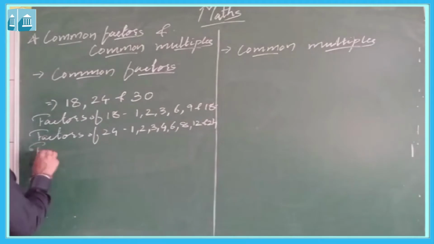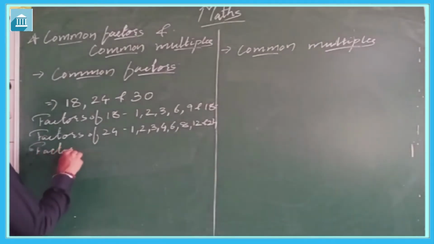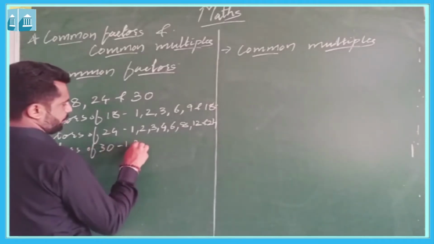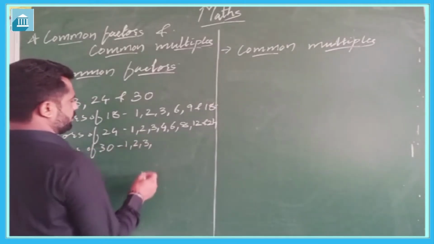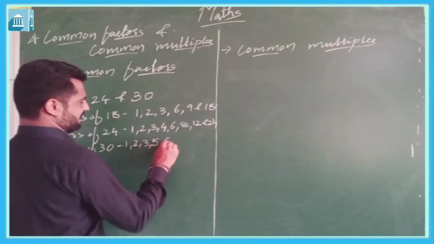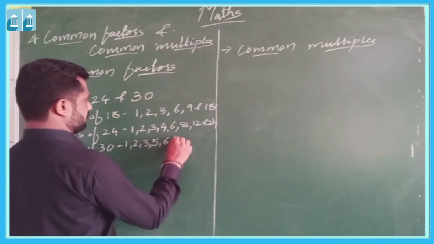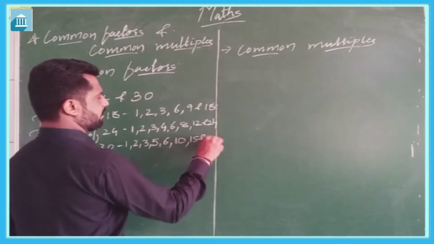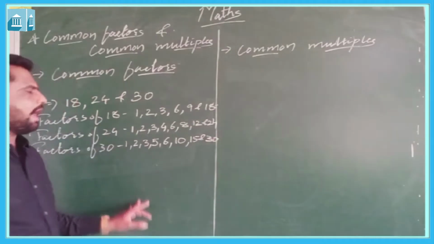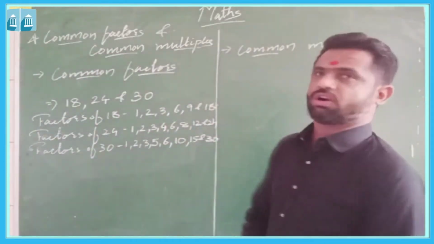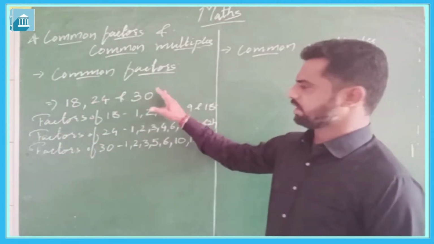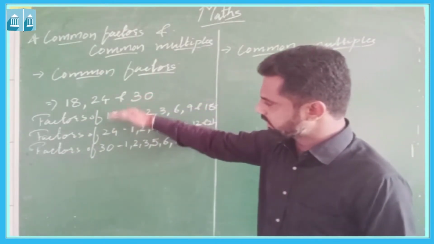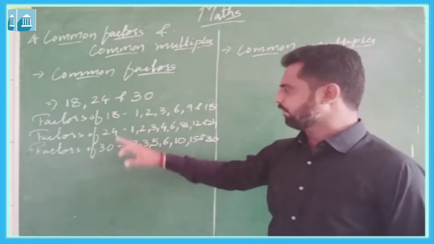Factors of 30: 1, 2, 3, 4 is not a factor, 5, 6, then 10, 15 and 30. Now we have to find out common factors of 18, 24 and 30. Common factors means the factors which are included in all these numbers, that is 18, 24 and 30.